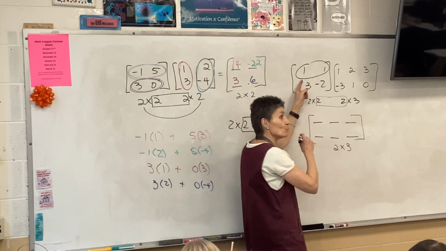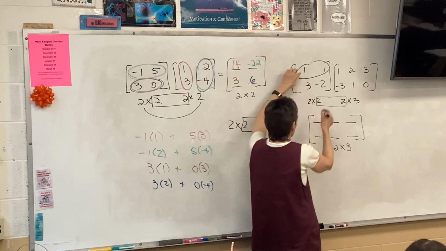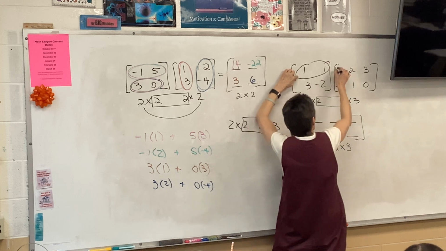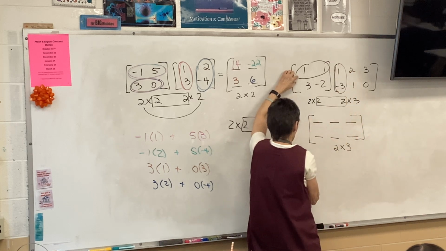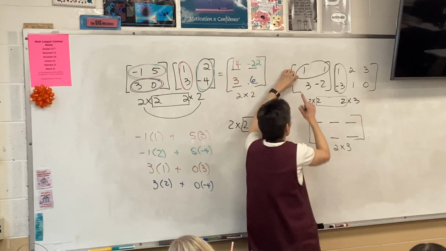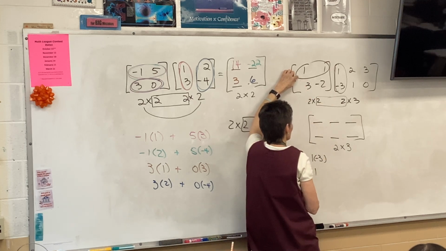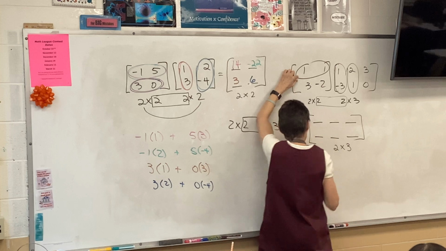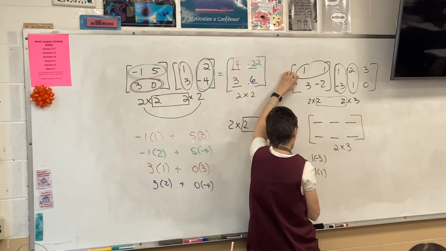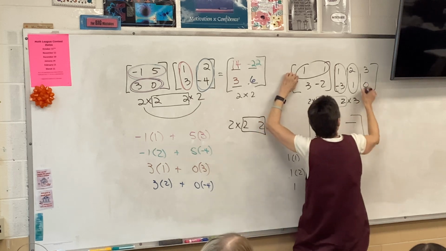So I'm going to go ahead and do those 3 numbers first. So I'm going to be using first row, first column, first row, second column, and first row, third column.